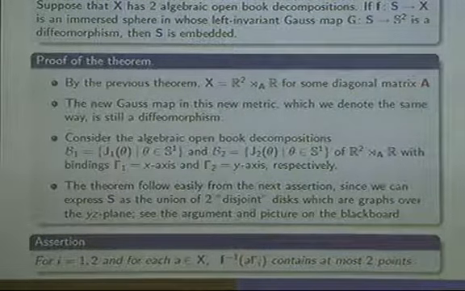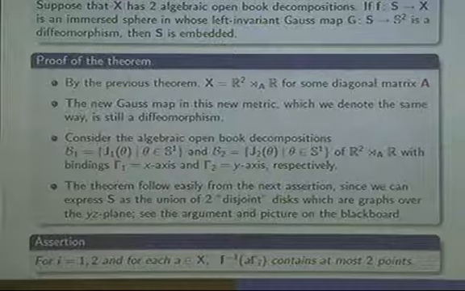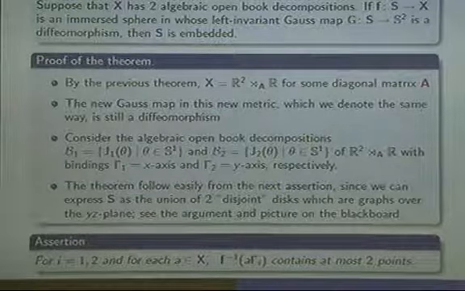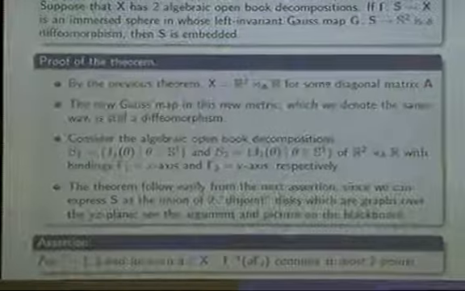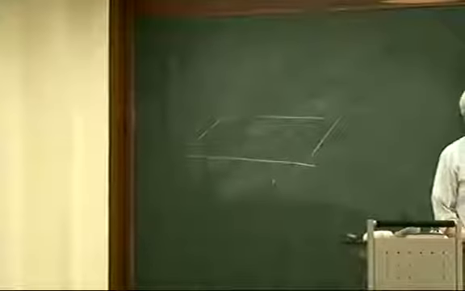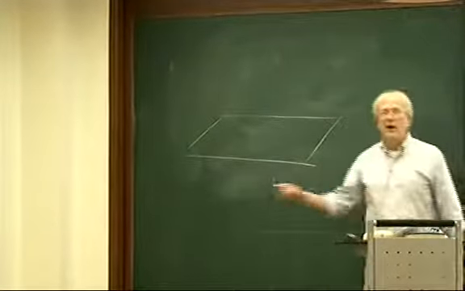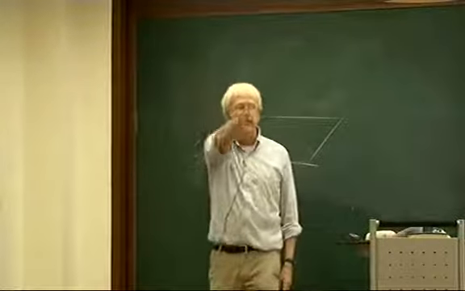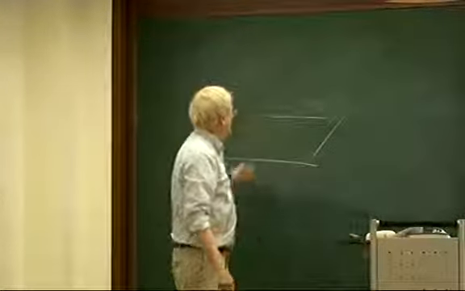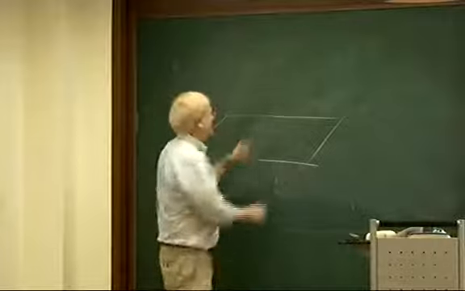Let me draw the pictures. The assertion says that if you take the binding and look at all left translations of the x-axis, it turns out those are all parallel to the x-axis.